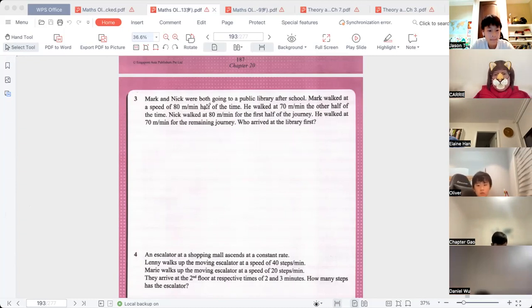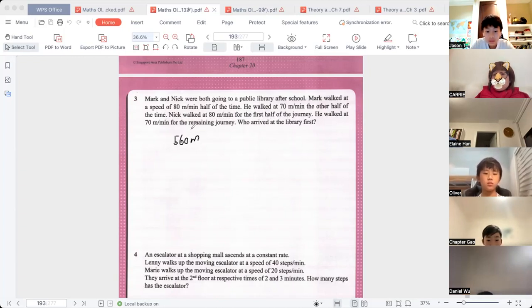80 meters per minute and 70 meters per minute, okay? Nick walked 80 meters per minute for the first half of the journey, and he walked 70 meters. So if I just assume that the distance will be the multiplication of 560, don't you think that will be easier for us to calculate?